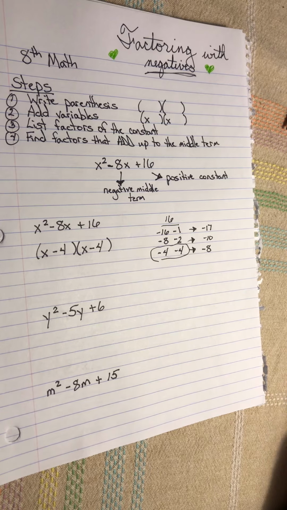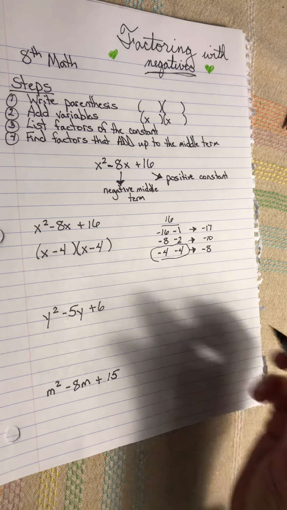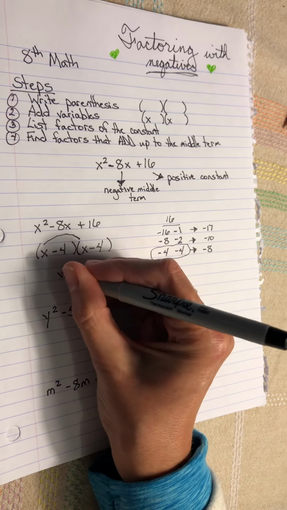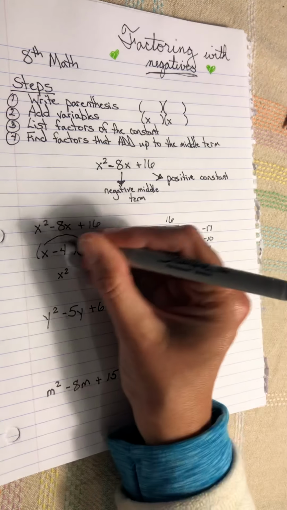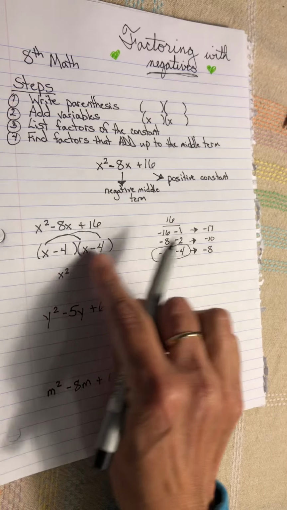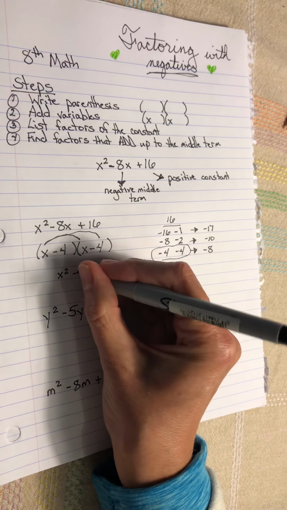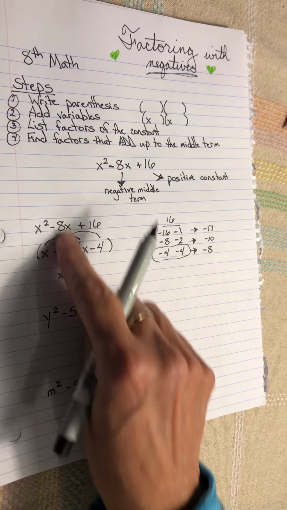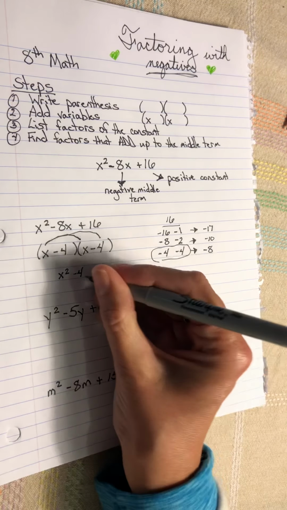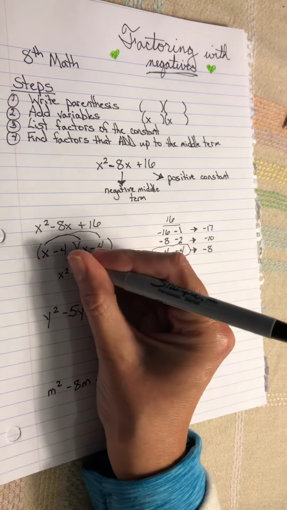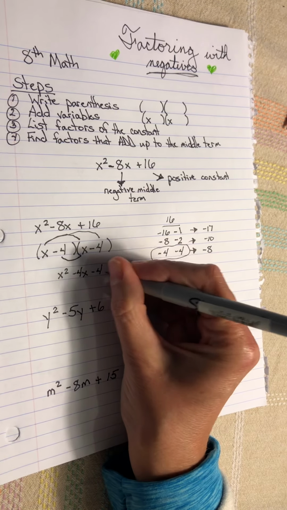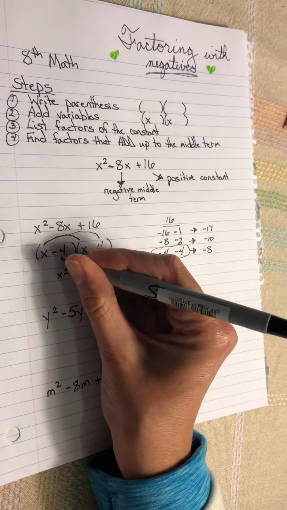Let me go through FOIL so you can see how it works. x times x, x squared, x times a negative 4. That's why we needed it to be negative, so we can get this negative term in the middle. Negative 4x. Then do my inner, another negative 4x.